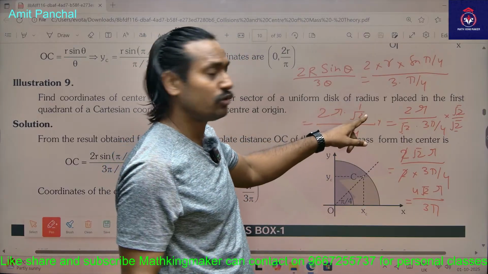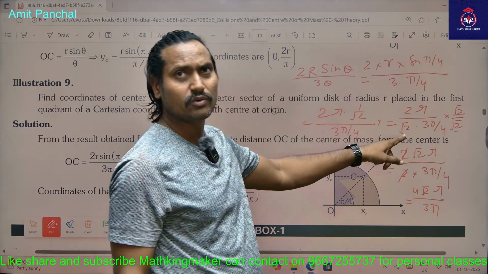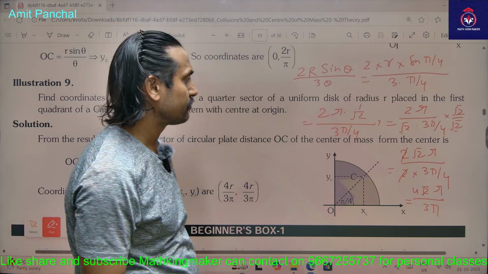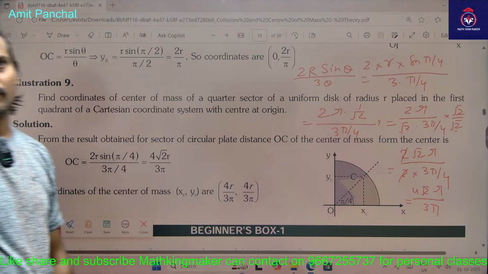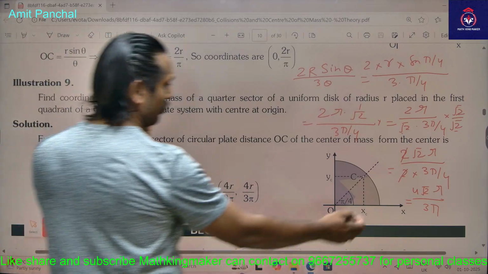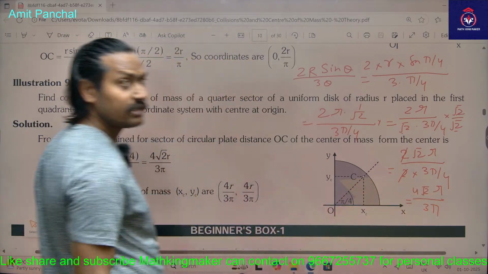This 1 by root 2, root 2 will be going down. Okay, yes. So in the final step, we are just rationalizing it. Now you have OC as 4 root 2 r by 3 pi.